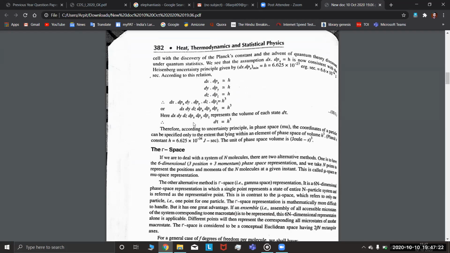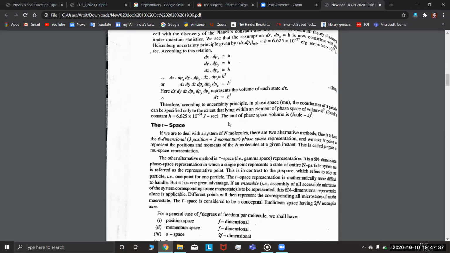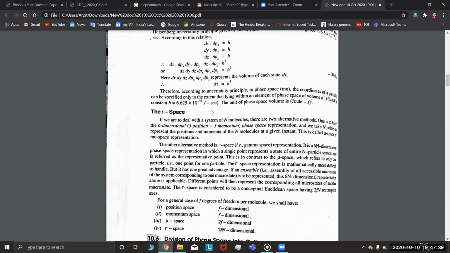Because it is six dimensional, they multiplied all these values into each other and got d tau equals h cube, where h is Planck's constant. So this thing's done. Now we are coming back to the gamma space.